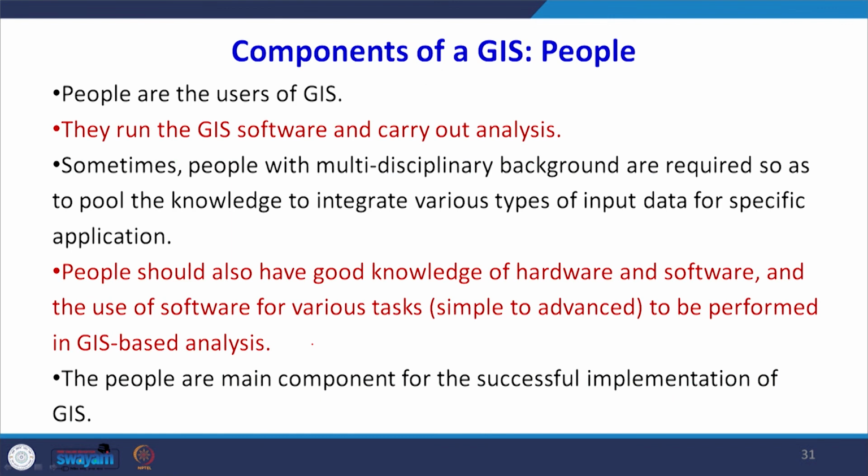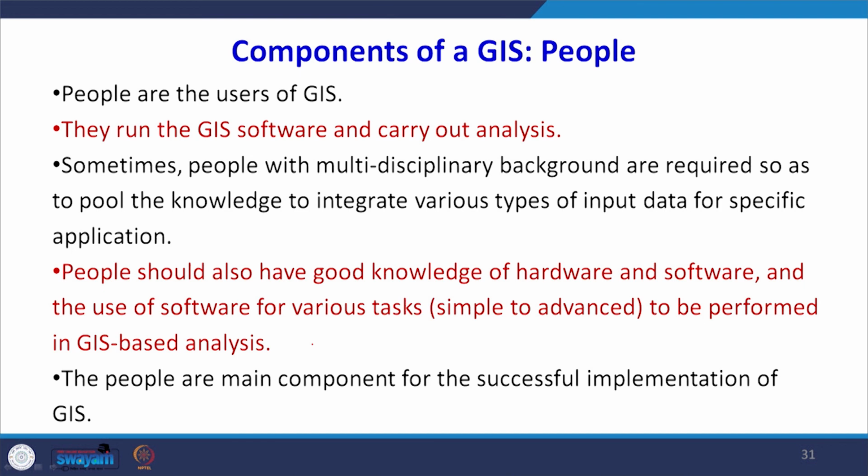Then the last component is the people. They are the users of the GIS. They are running the GIS software, carrying out the analysis. So people are required from a multidisciplinary background, because as I told in the previous lecture also, this is a multidisciplinary tool which could be applied to many application areas. So we require experts from different backgrounds, so that they have the knowledge to integrate the data into some rules, using some criteria in order to get the effective output.